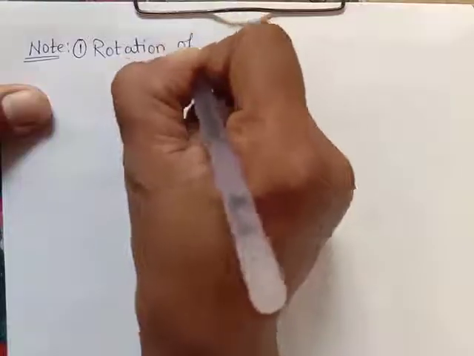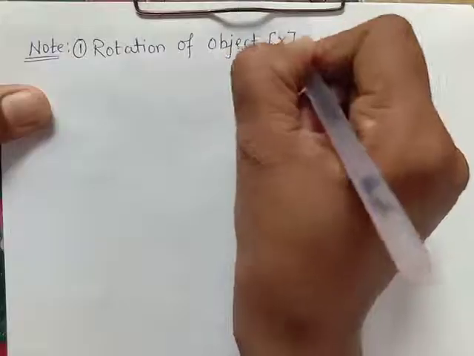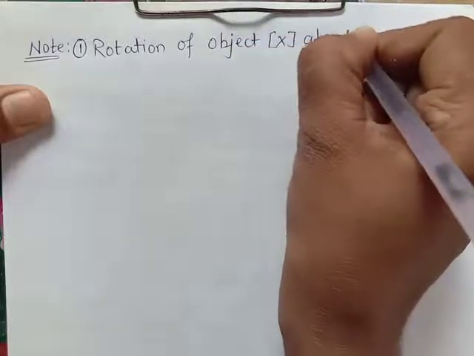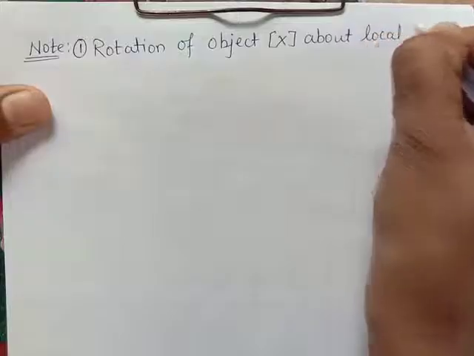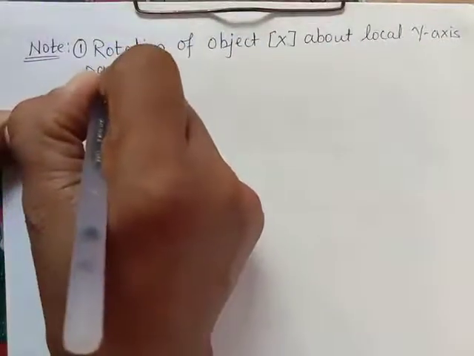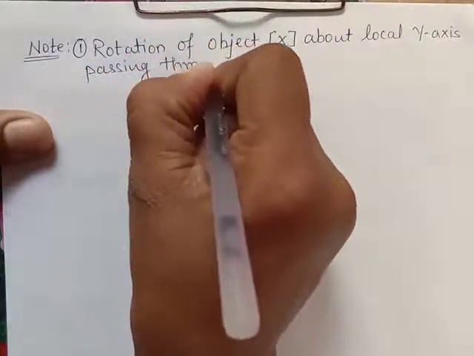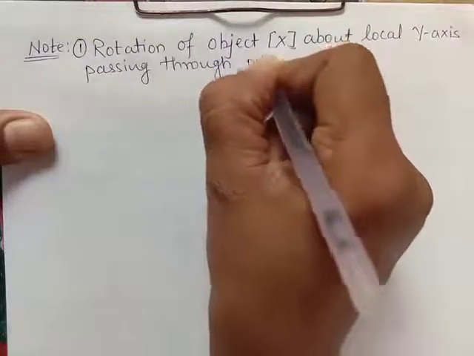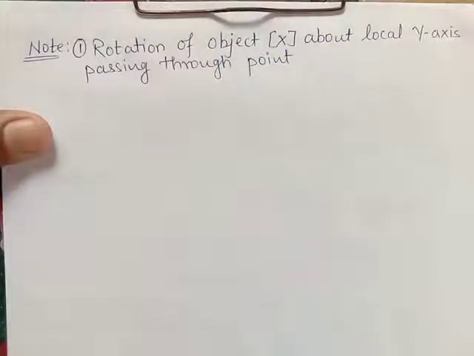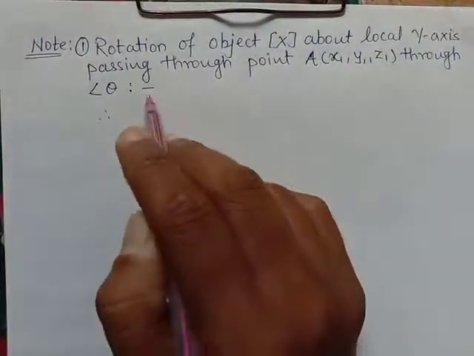Suppose, note 1: rotation of object X about the local y-axis passing through point A (x1, y1, z1) through an angle theta.